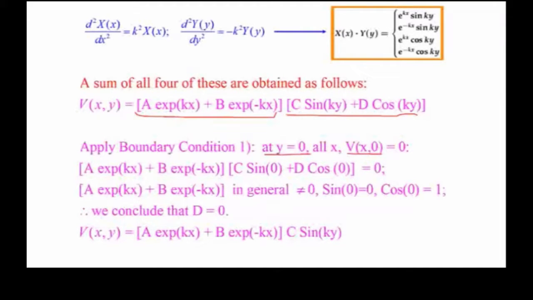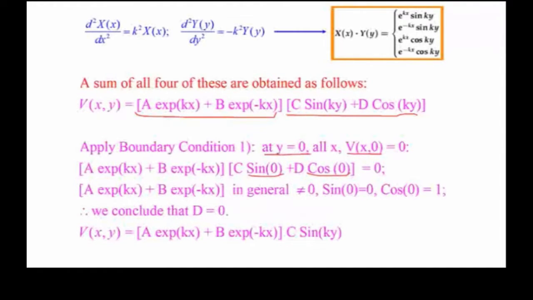It's grounded. So if you put in 0 for the value of y, so you're at y equals 0, then you have this function here times c sine of 0 plus d cosine 0 equals 0. For any x, this would be a constant, but here we have a 0 and then a 1.